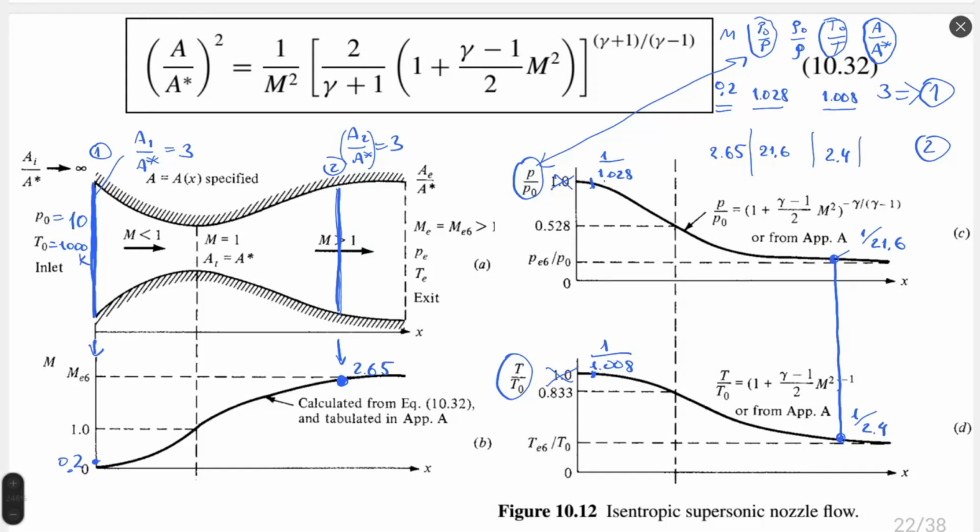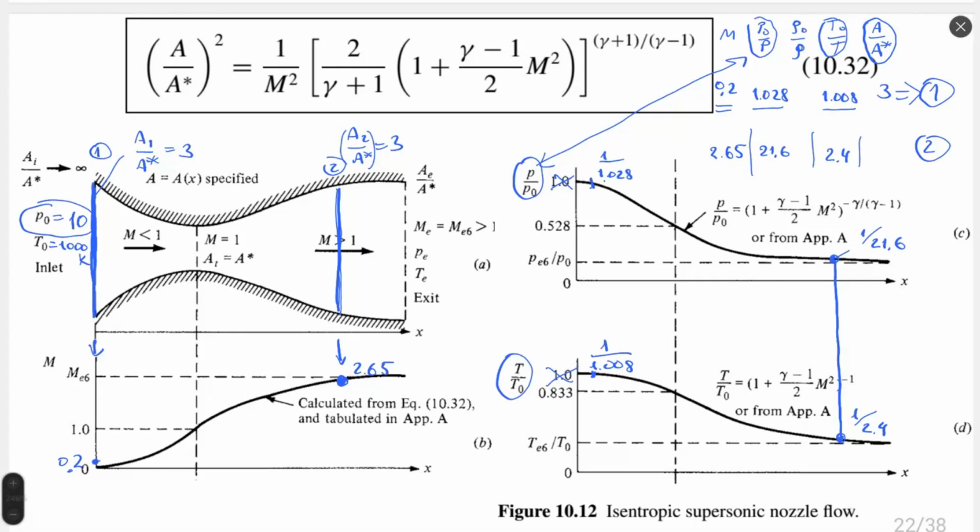So we have dimensionless values. Once we have these values, we can calculate dimensional values. We just need to multiply by our reference stagnation properties. To obtain pressure in dimensional form, we need to multiply these ratios by 10, because our stagnation pressure is 10.